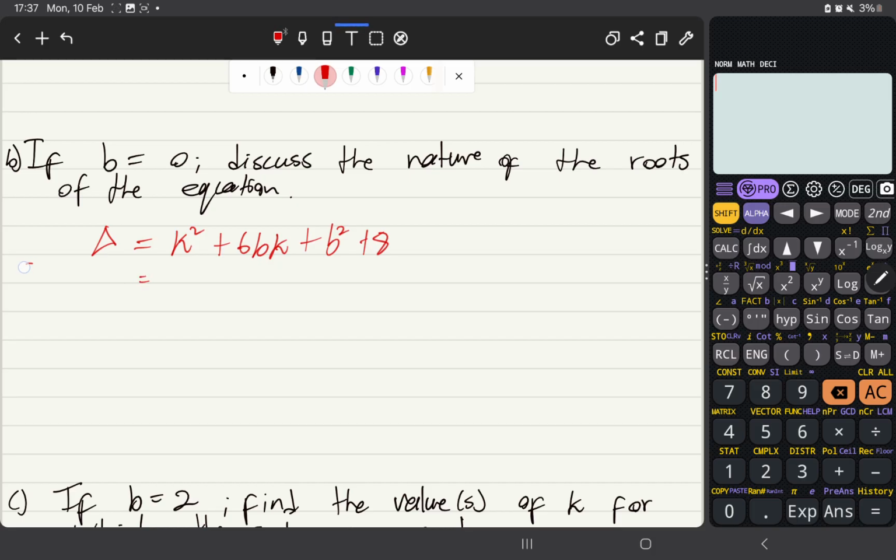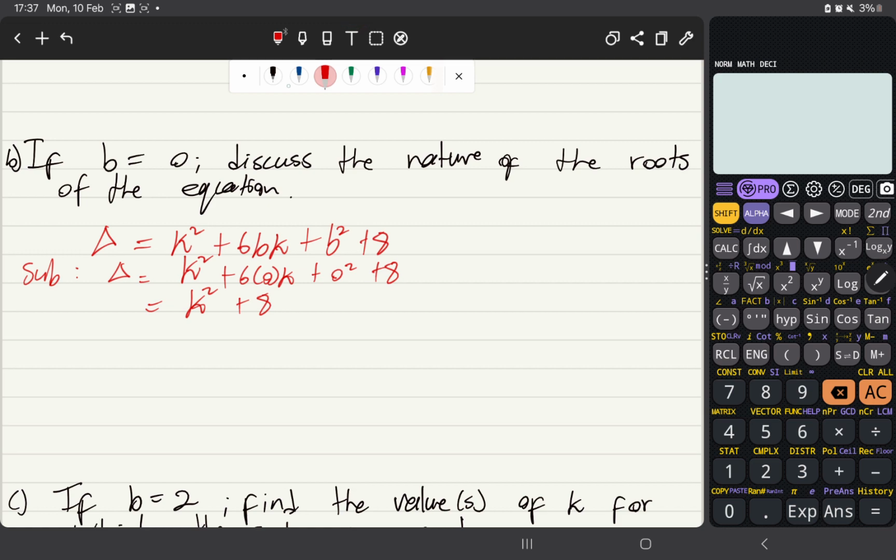Now this is us substituting. So we have k squared, b equals 0, so plus 6 into 0 k plus 0 squared plus 8. You end up with k squared plus 0 plus 8.